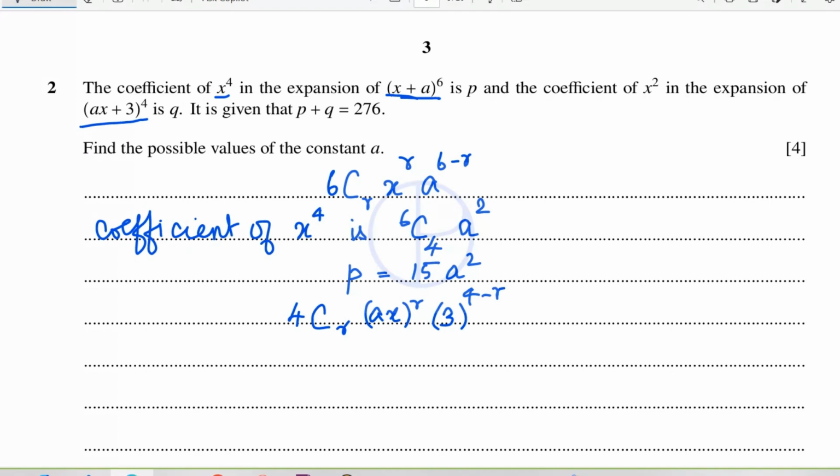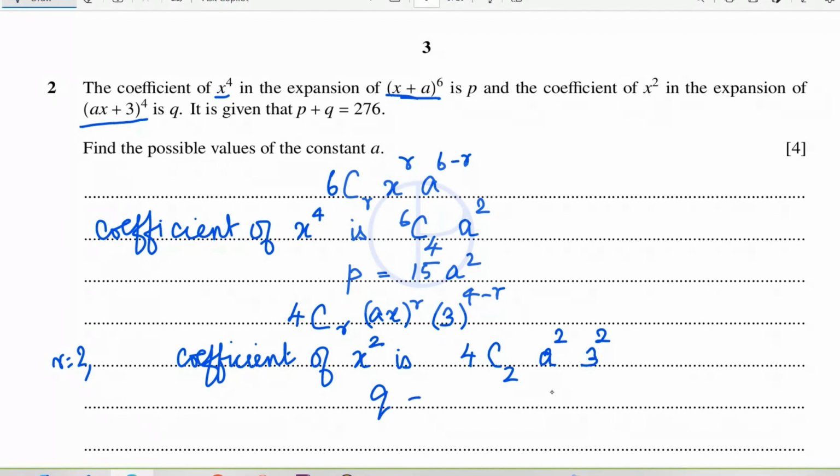To get the x square coefficient, we have to take the r value as 2. So 4C2 a power 2 times 3 power 4 minus 2, which is 2. This is marked as q.